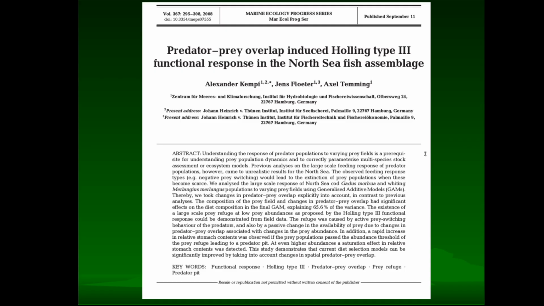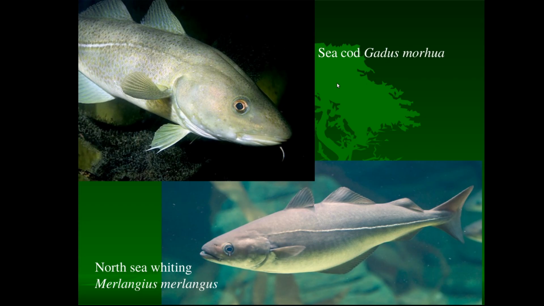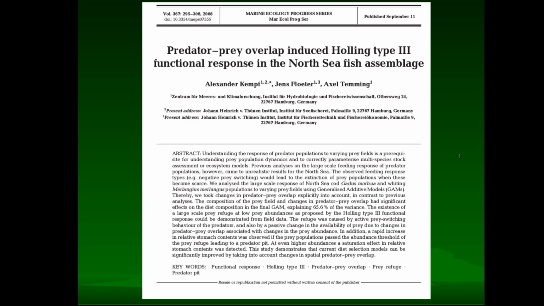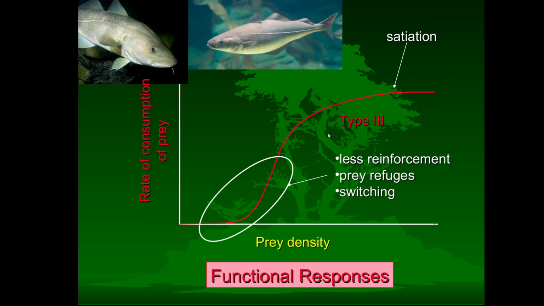The importance of having the right functional response curve in your models, for example, Holling type 3, is illustrated by this Kempton paper in which they show that these predators in the North Sea, the sea cod and North Sea whiting, actually positively switch to different prey species when one prey becomes rare and therefore have a type 3 functional response.